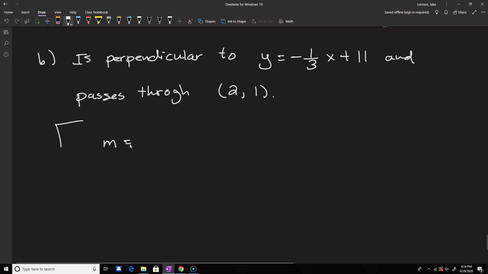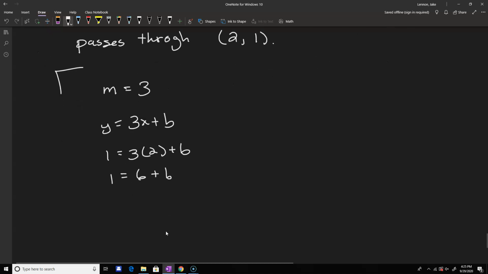So in this case, our m would be positive 3 over 1, which is just 3. And then our line is going to look like y equals 3x plus b, and we want to plug in the point (2, 1). So 1 for y and 2 for x. So we have 1 equals 6 plus b, so we want to subtract 6 from both sides. So we get negative 5 is the value of b. So in this case, we have y equals 3x minus 5, and that is the equation.